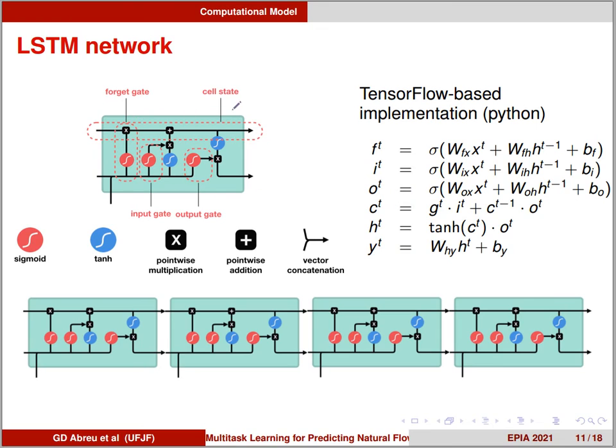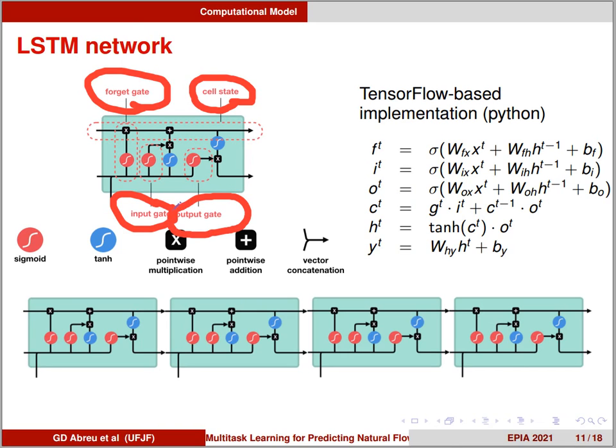This is a cell of the LSTM neural network. This is the input gate and forget gate. The cell state is stored here, and finally the output gate.